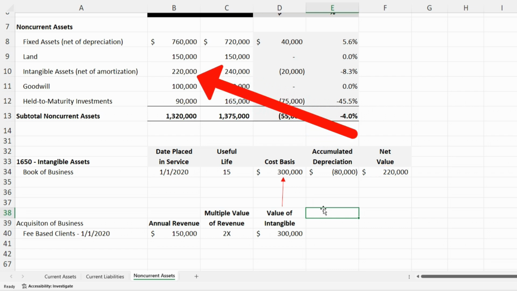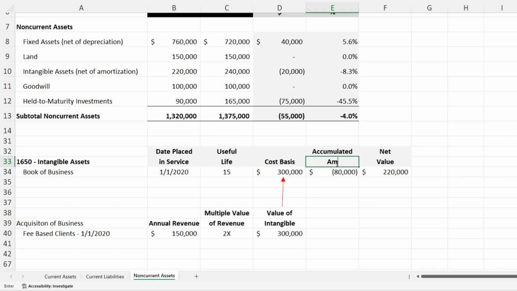Our GL account 1650 for intangible assets is for the book of business that we purchased: $300,000 cost basis, less $80,000 of accumulated amortization that we have taken, with a net value of $220,000. Now, I just realized I wrote depreciation in here, so I'm going to quickly change that to amortization. Accumulated amortization. So that gives you a sense. We valued a book of business, we paid for it, we booked it on our balance sheet, and now we amortize it over its useful life.